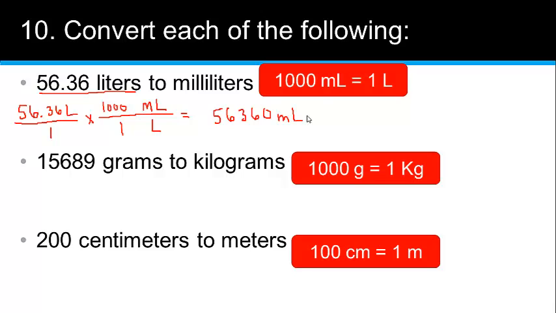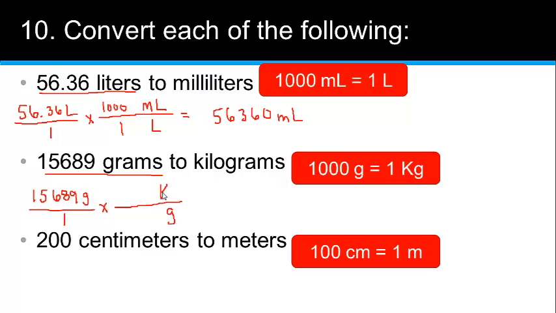Next question asks us to convert grams to kilograms. So again, start with the number that you are given. Don't forget your unit. I'm going to start by putting this over 1. This next line is for my conversion factor. I'm trying to get rid of grams, so it needs to go on bottom because grams divided by grams is 1.